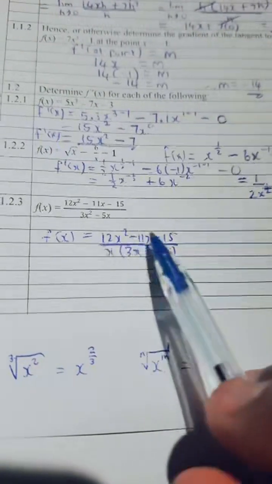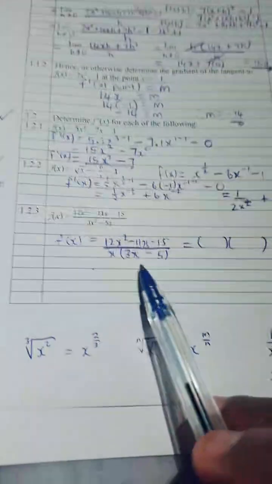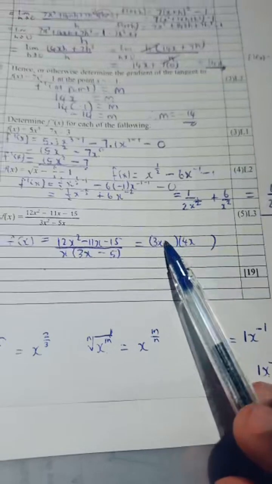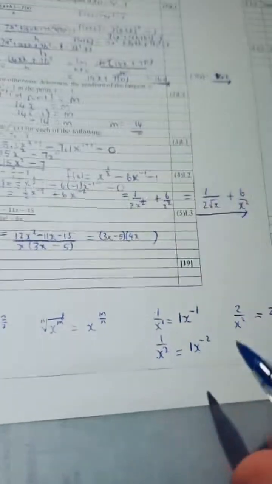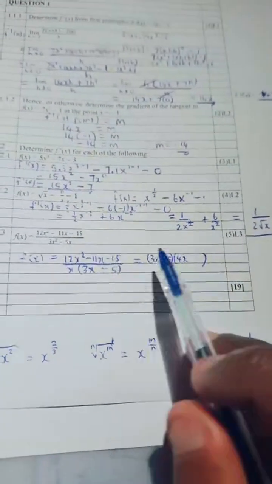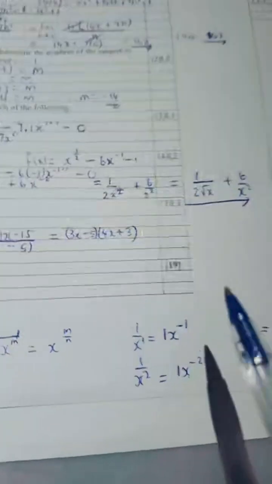So when I factorize this, it's going 3x minus 1. Then we are going to write 3x, and this bracket is going to have that minus 5, and I'm going to check after I'm done. Minus 5 times what will give you negative 15? It will be plus 3. I think this is how it goes.